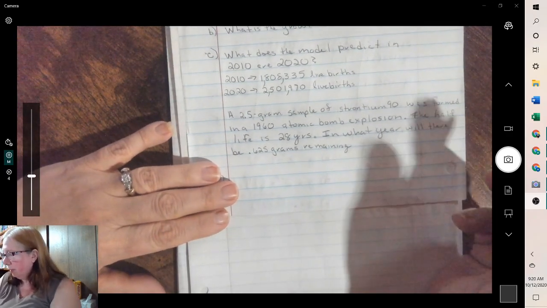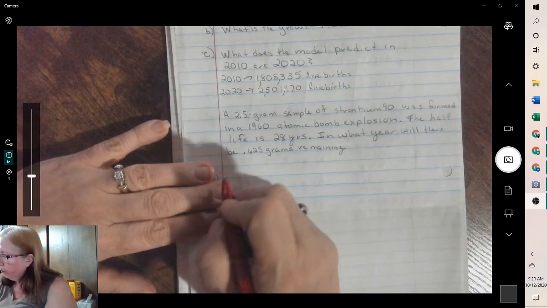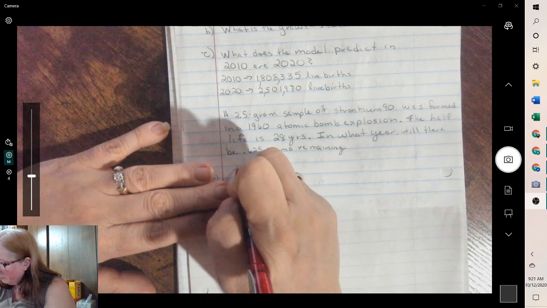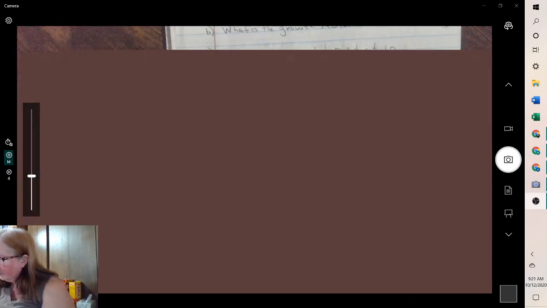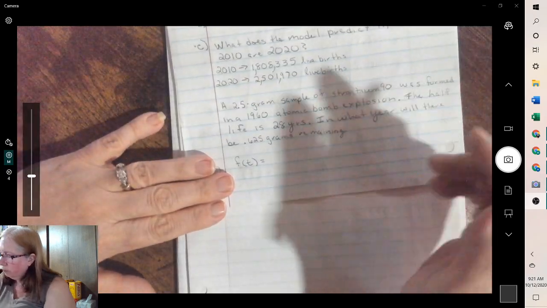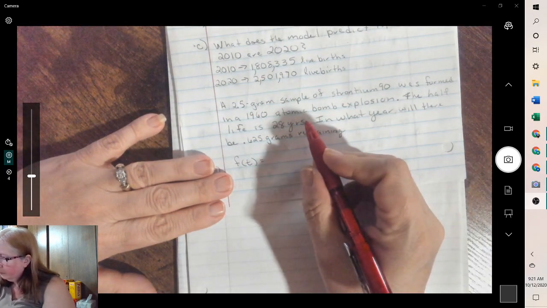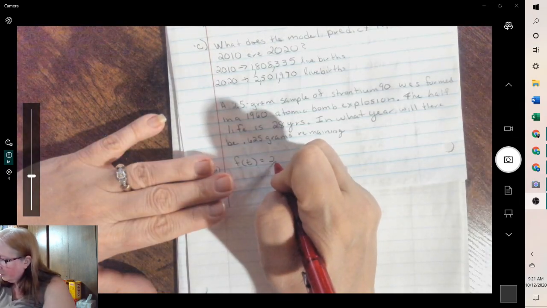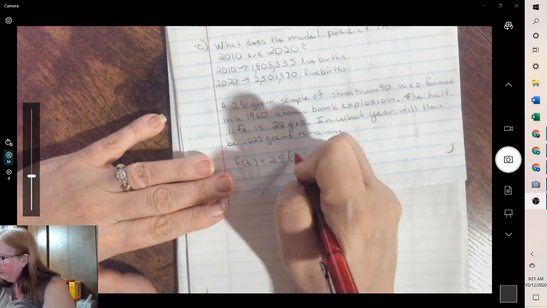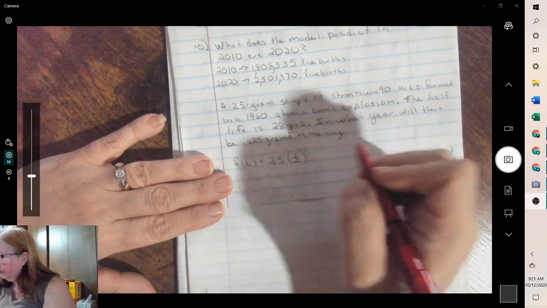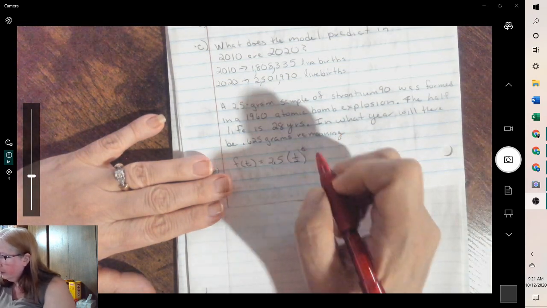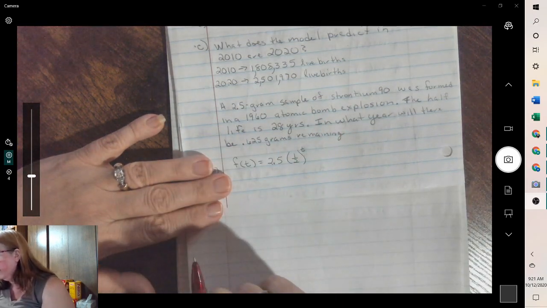Well, first let's find the equation. Starting amount 2.5. We want the half-life formula, so we go with half. And it says it goes in half every 28 years.